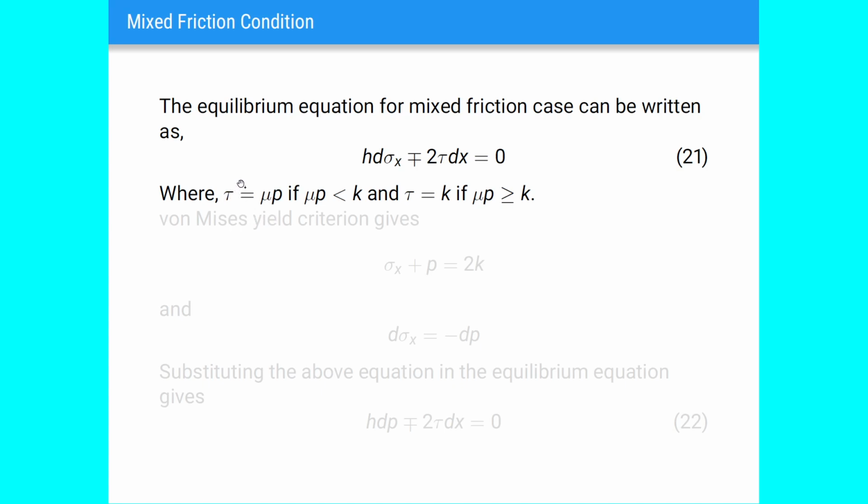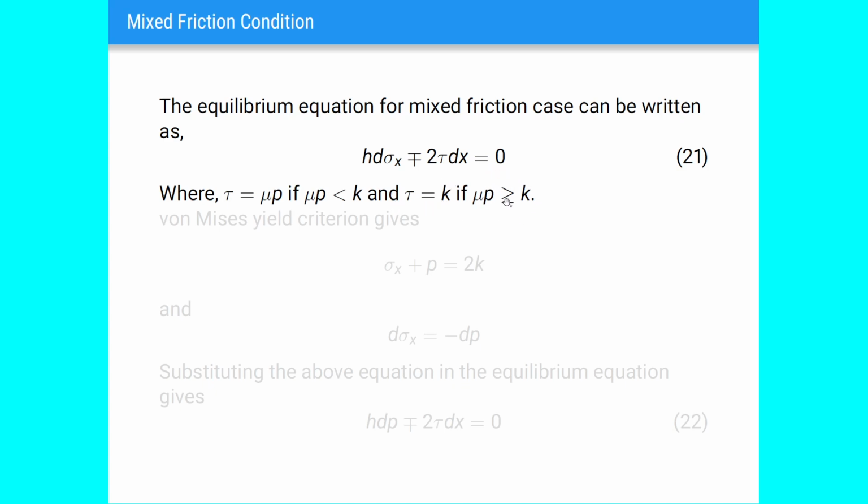So this tau is representing your frictional stress due to your pressure, and tau is equal to mu p if your mu p is less than k, and tau equal to k if your mu p is greater than or equal to k. So this is representing the case when we are having both types of condition, that is low friction as well as high friction condition.